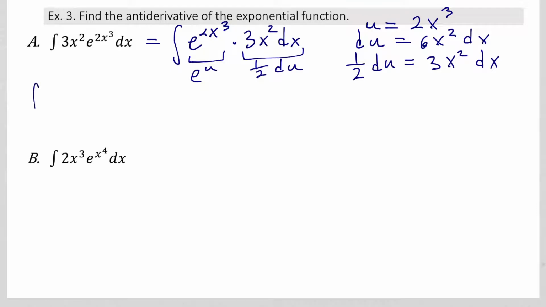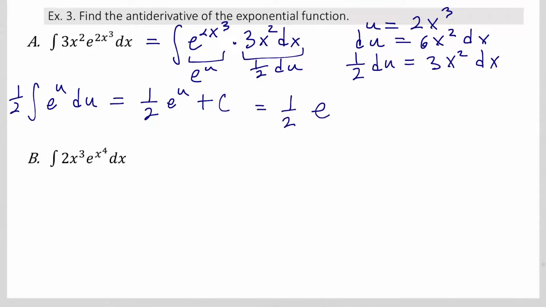So I have the integral 1/2 in front, e to the u du. So that's 1/2 e to the u plus c. Substituting back in my u, I have 1/2 e to the 2x cubed plus c.